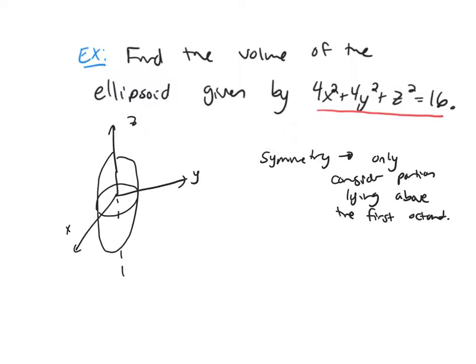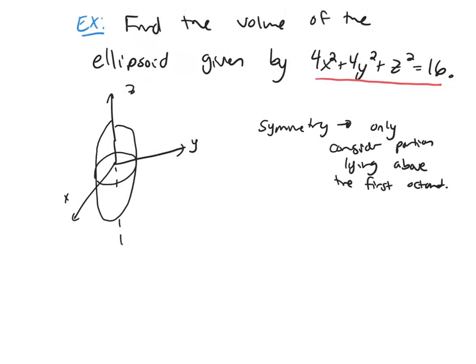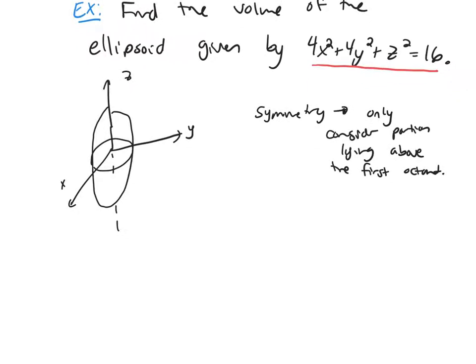It's kind of like a quadrant, but in 3 dimensions. So really that's in this region where all 3 variables are greater than or equal to 0. So it's the part that lies above the xy plane.